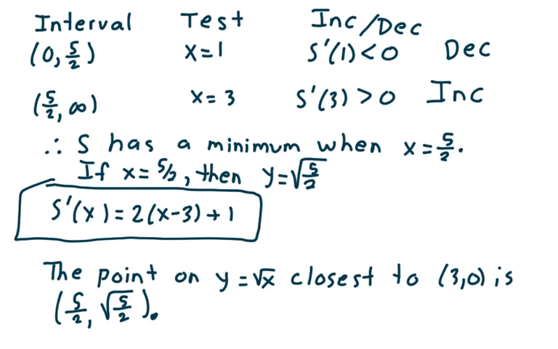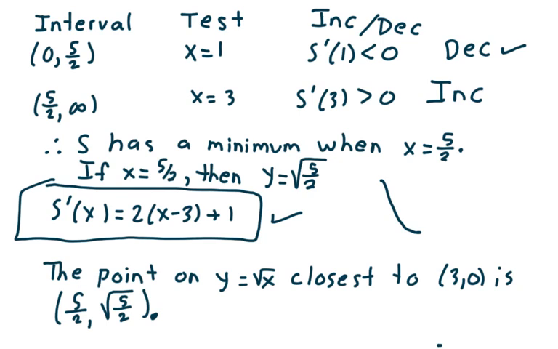s prime of 1 is less than 0, I claim, and I put the derivative down here. So if you notice, if I replace x with 1, s prime of 1 is negative. So that means s is decreasing on the interval 0 to 5 halves.